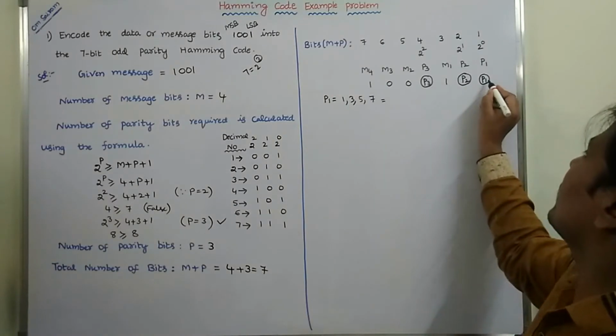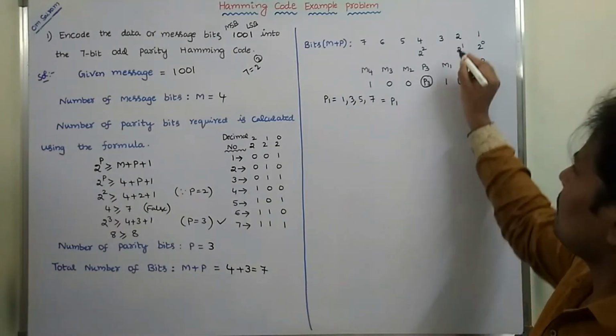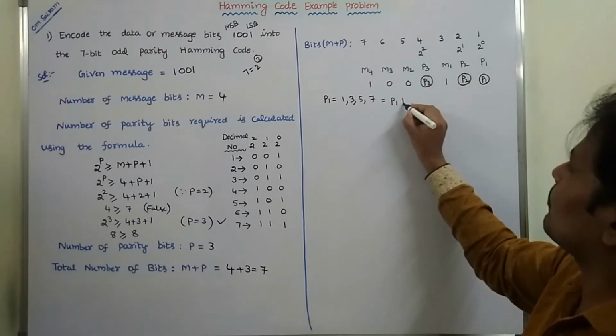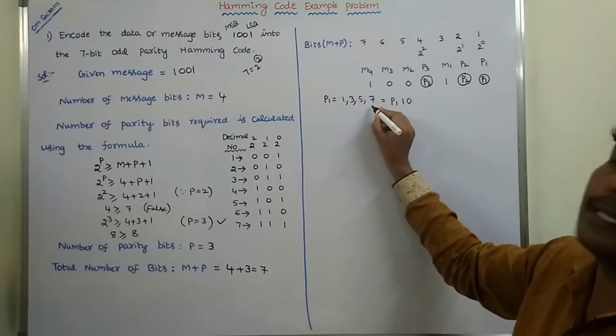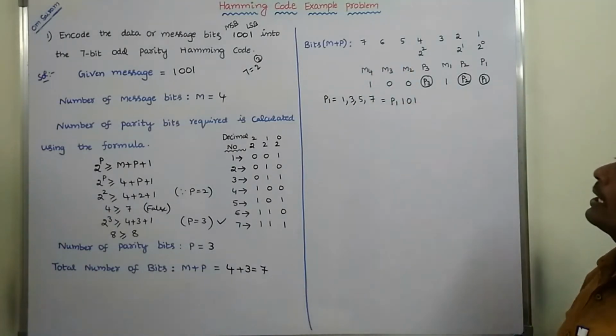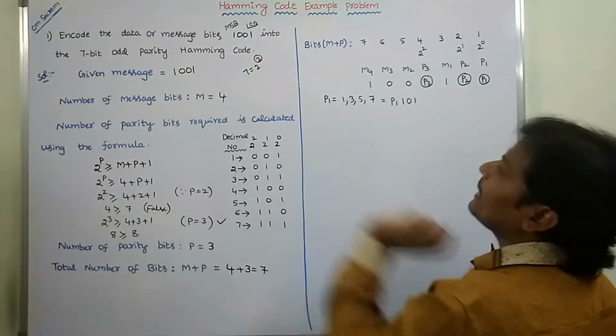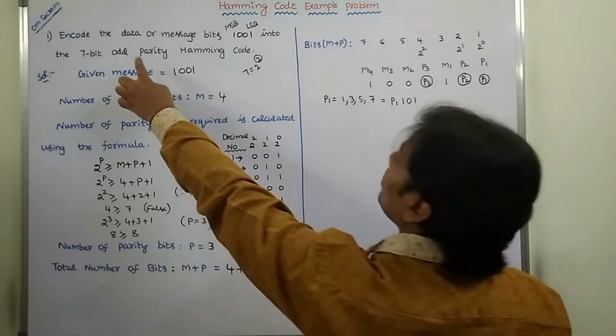Then what are the values at these positions? In the 1st position, the value is P1. In the 3rd position, the value is 1. In the 5th position, the value is 0. In the 7th position, the value is 1.